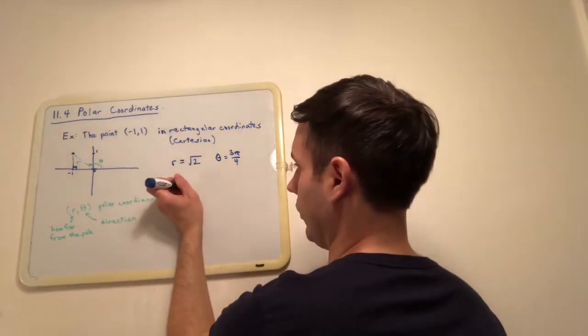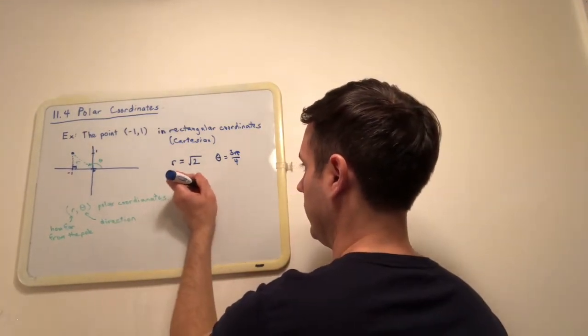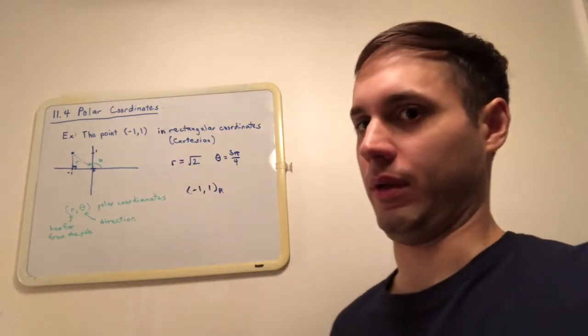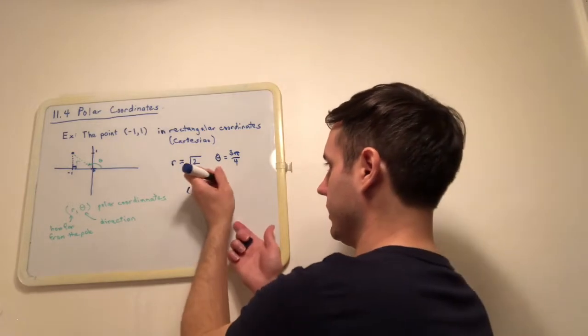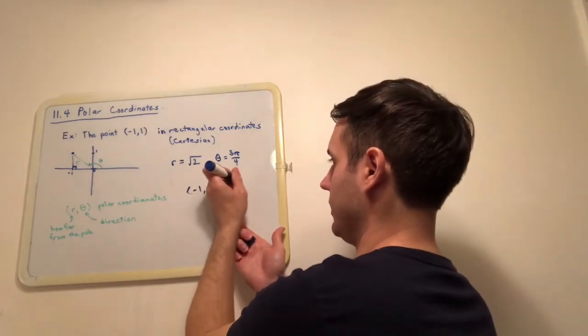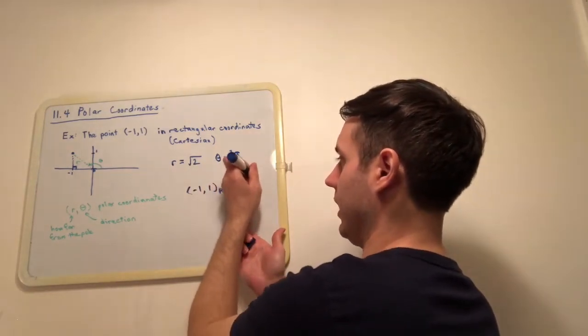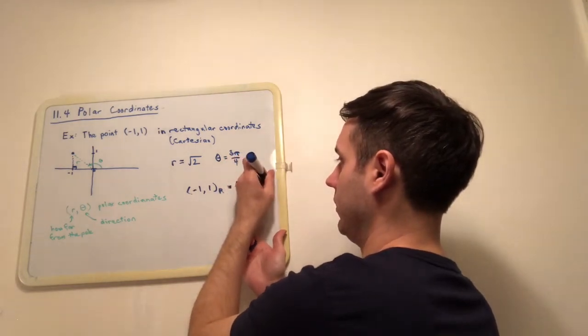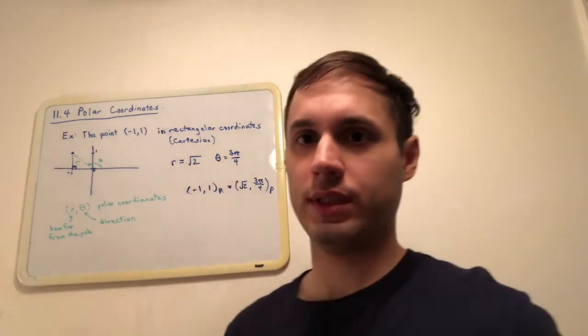So -1, 1 in rectangular coordinates, I'll just denote that with an r, is going to be the same as square root of 2 comma 3 pi over 4 in polar coordinates.